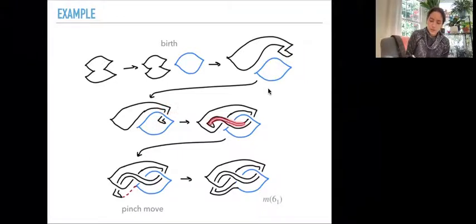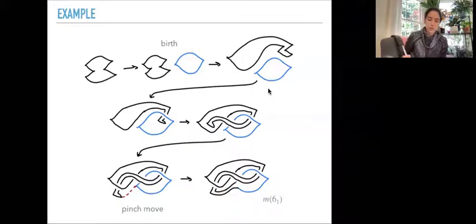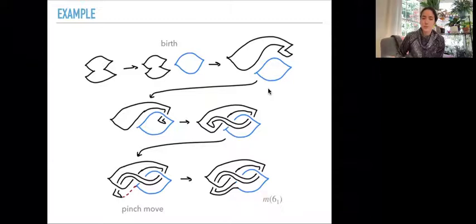Then we push it over here to get to the next step, and finally we push it down here. This is exactly where you see the pinch move. Notice that a pinch move takes two cusps and replaces them with a band in this way. So this process builds up a decomposable Lagrangian cobordism from the twice stabilized unknot to this particular Legendrian representative of the mirror of 6_1, using all of those moves.